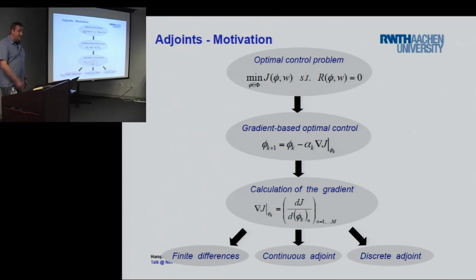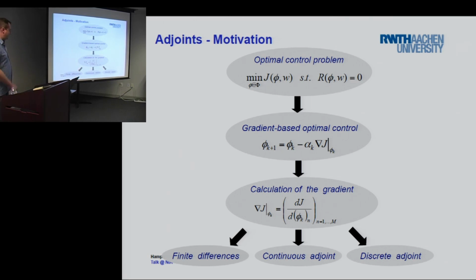I wrote down here the easiest thinkable, steepest descent, but you will see we do much more fancy SQP-based methodologies at the end. The key problem is when you have a high number of actuation parameters. You will see in my example it's 170,000, so you have to take care to calculate the gradient, which is a challenging task.